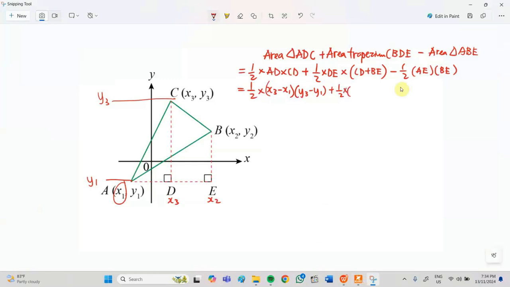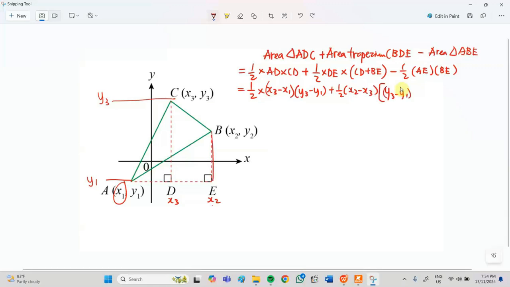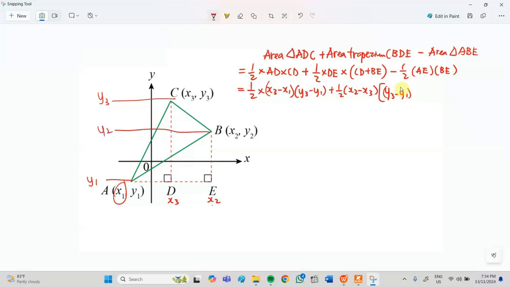For DE, we have x2 minus x3. For CD and BE, CD will be the same, y3 minus y1, and BE will be y2 minus y1.